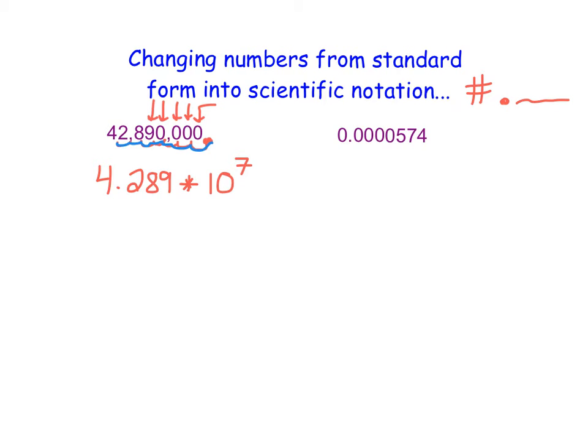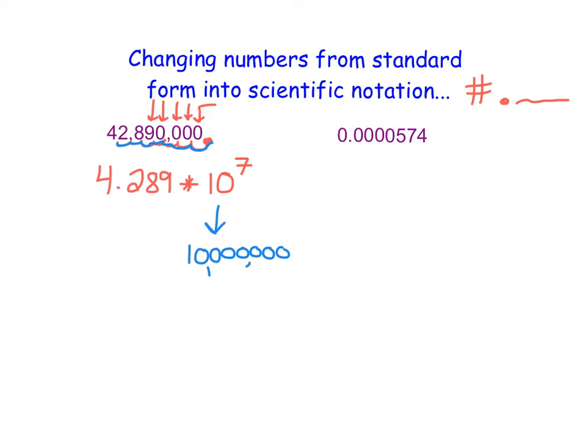Now when you realistically think about this, 10 to the power of 7 is a very large number. And if we were to multiply that out, that would be a 1 followed by 1, 2, 3, 4, 5, 6, 7 zeros. So we can see that's 10 million. And when we look at that, 4.2 times 10 million, well, that makes sense that that would get us back to the 42 million we see up above.